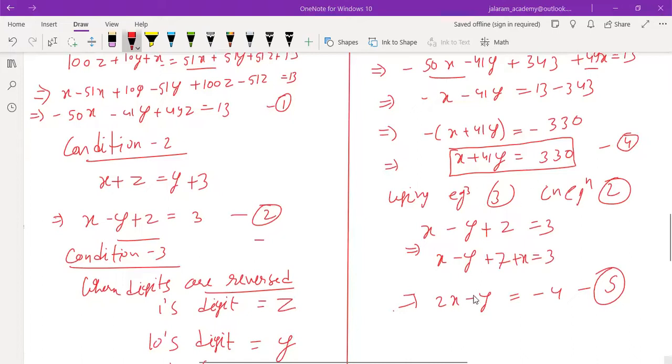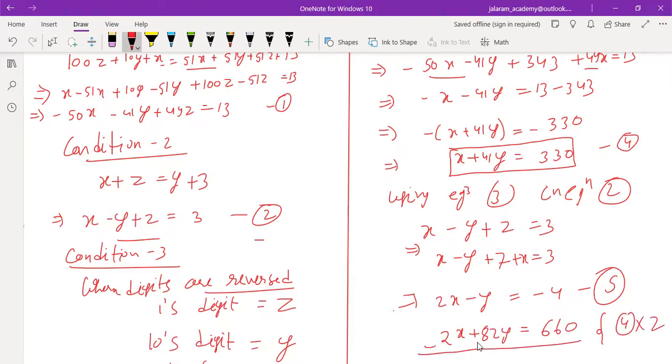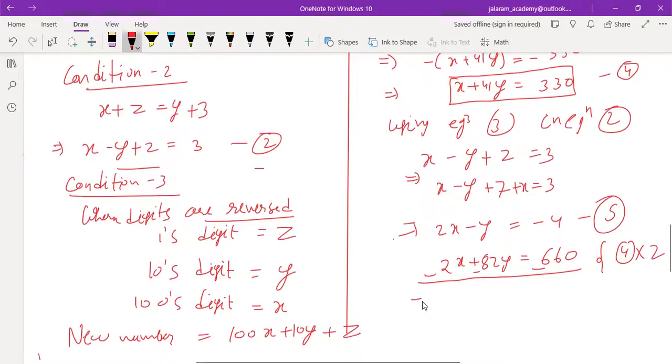So if you multiply equation number 4 by 2, 2x plus 82y equals 660 will be there. Multiplying equation 4 by 2 and then subtracting it, this 2x will be cancelled out. This is minus, this is also minus. So 2x is cancelled out.